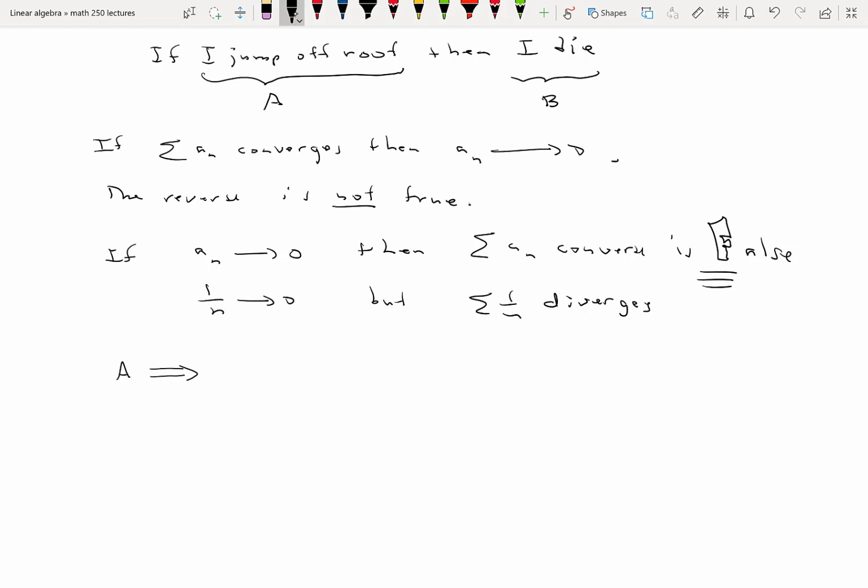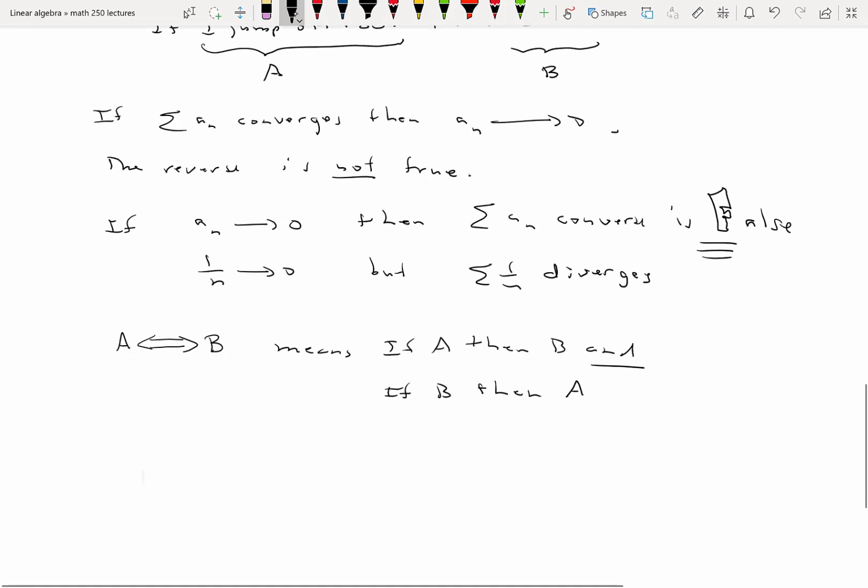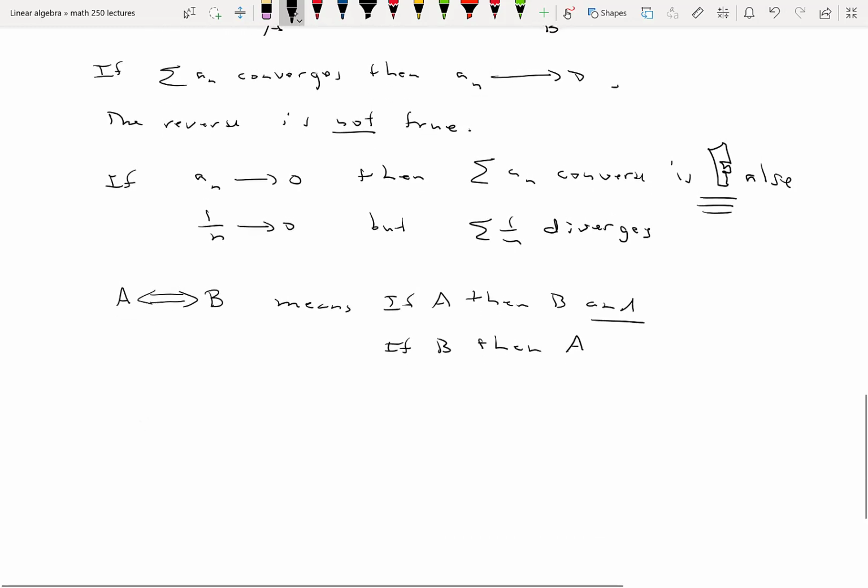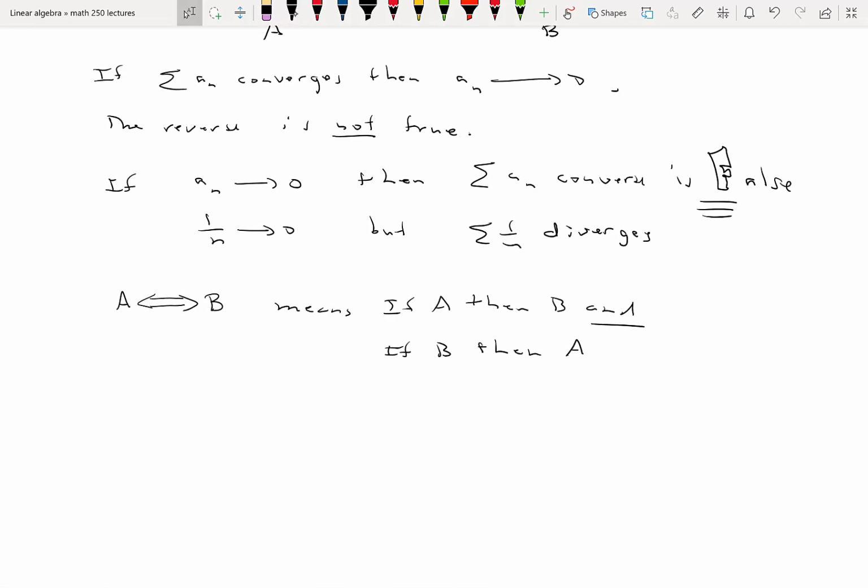A double arrow B. This means both ways. If A, then B, and if B, then A. So this is a logical statement that two things are equivalent.